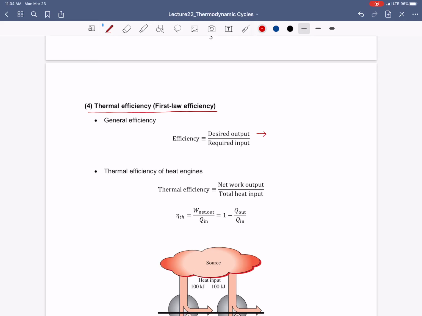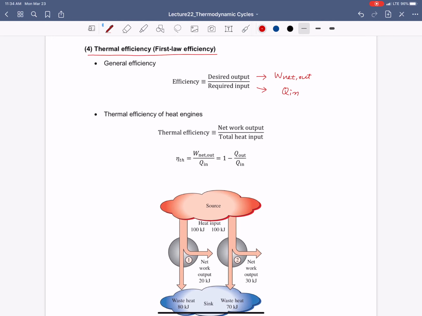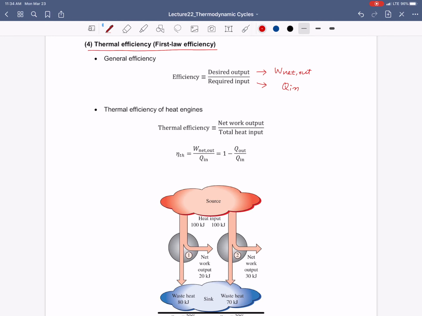The desired output of a heat engine is, again, net work out, right? Then in order to get this net work out from the engine, what do we need to invest? What do we need to input to the system? So the required input in this case is the amount of heat that should be transferred into the system from a high temperature heat source.